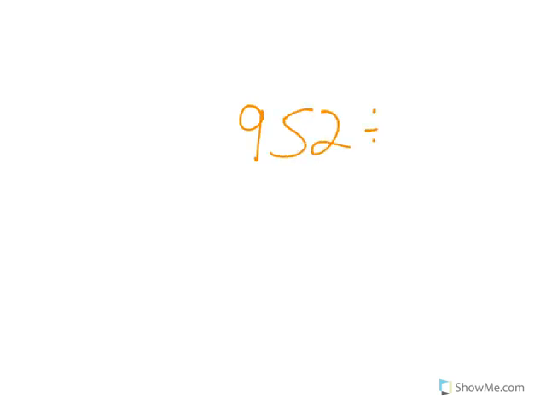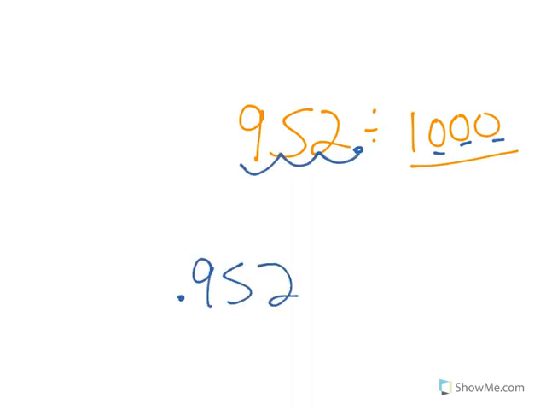And the opposite goes when you divide. If you take, for example, 952 divided by 1,000, since you're dividing, we're going to go the opposite way with the decimal. So right now the decimal is right there, so it's 1, 2, 3. So our answer would be 0.952, or 952 thousandths.